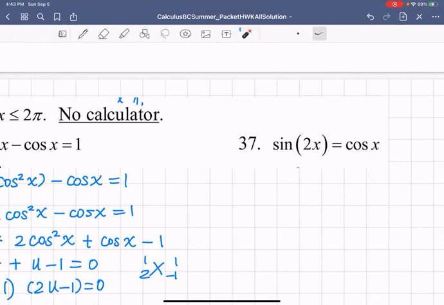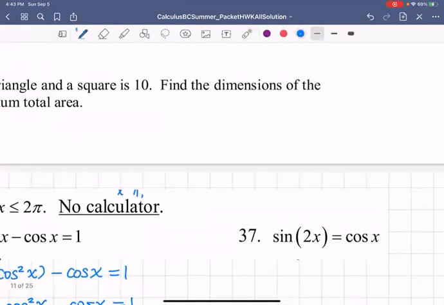Do you remember this formula? Who is this guy?